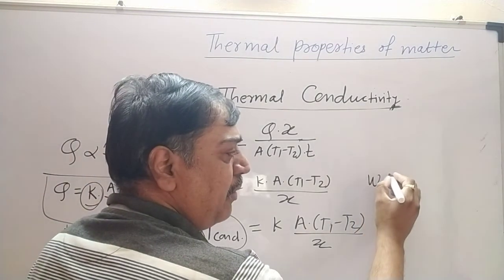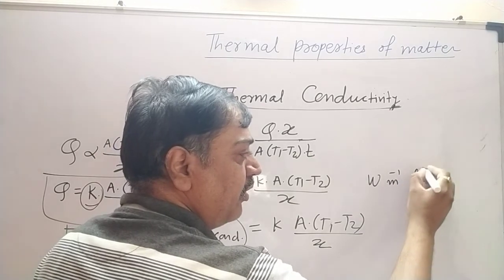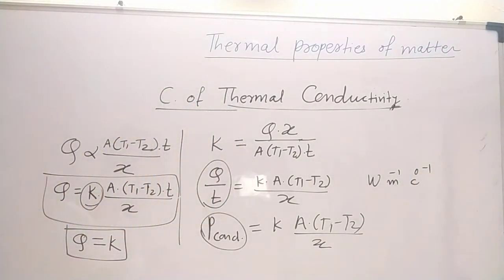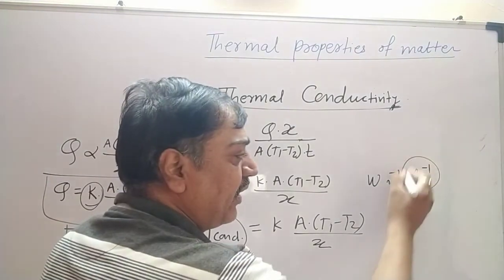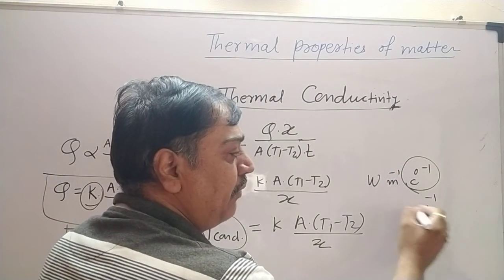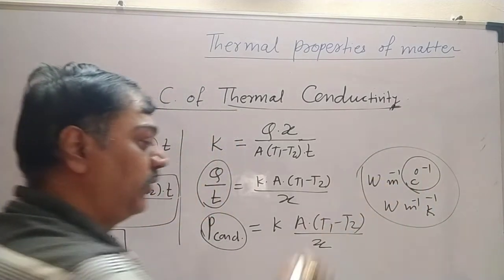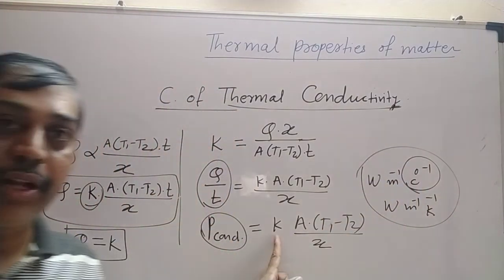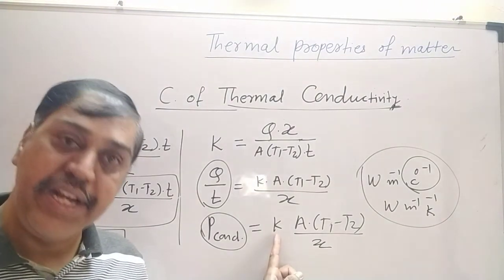W for watt per meter per degree Celsius is the unit for the coefficient of thermal conductivity in degrees Celsius. If you take Kelvin, it comes to be watt per meter per Kelvin. These are the units for K, which are different from the initial one.